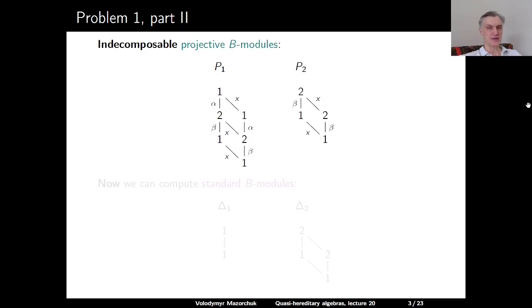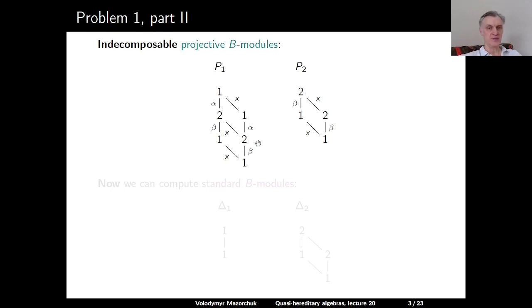So here are these diagrams. The indecomposable projective B module P1 has a basis given by all paths which start at 1. So we have the trivial path from 1 to 1, that's the top element of this module, and then starting from this 1, we can go by x to 1 or by alpha to 2, and then from 2 we can continue by beta to 1, or we can go by x to 2, and here we have a connection between 1 and 2 given by alpha, and this commutes because alpha and x commute.